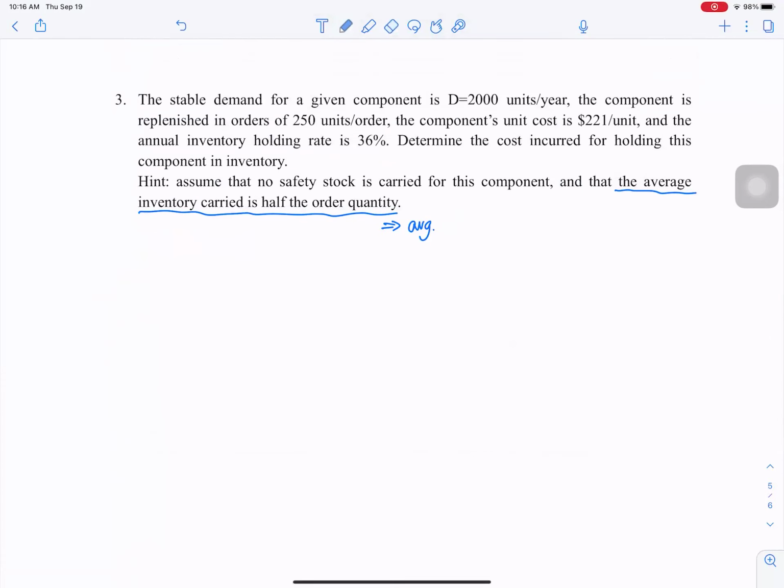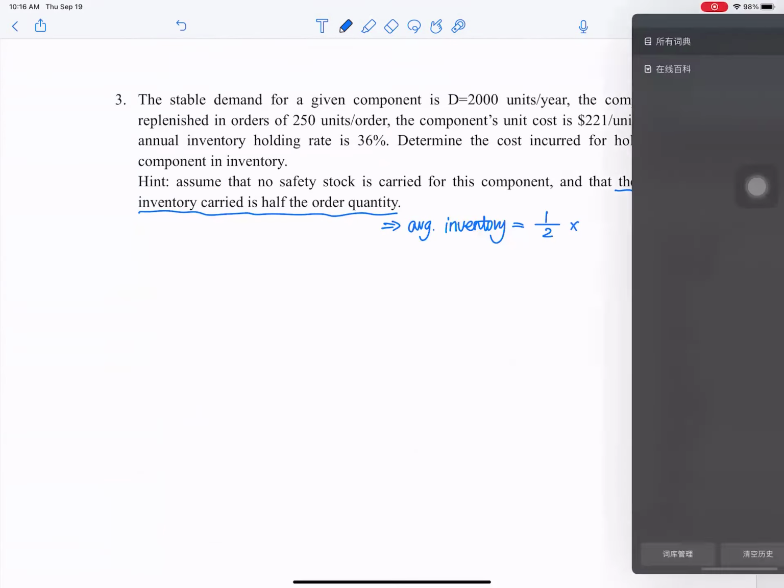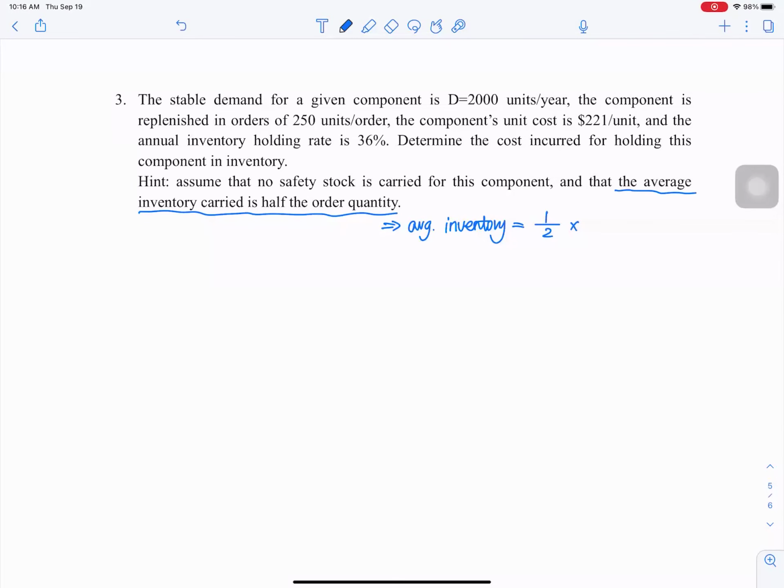Average inventory equals half times the order quantity, which is half of 250, equals 125.